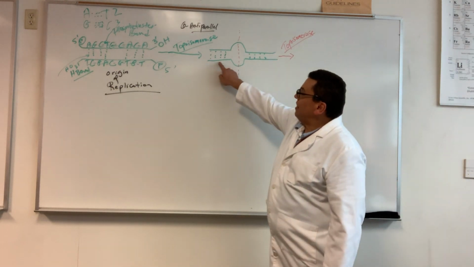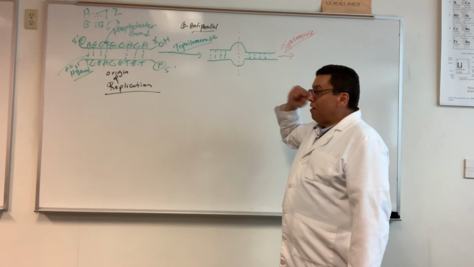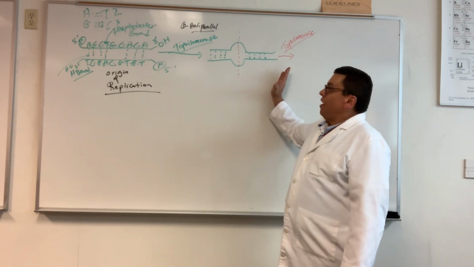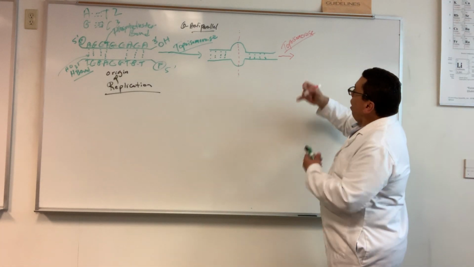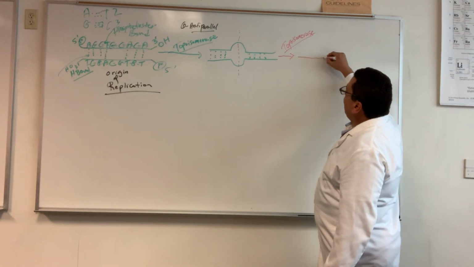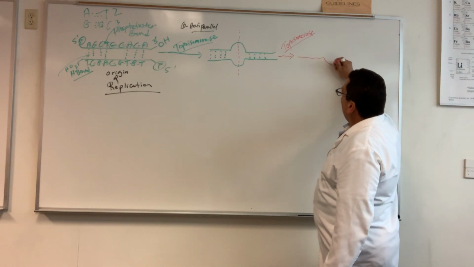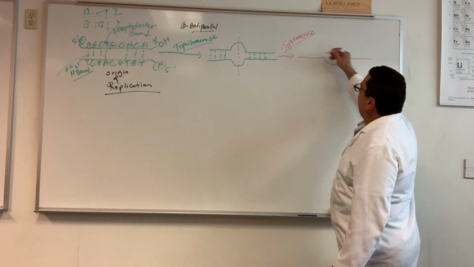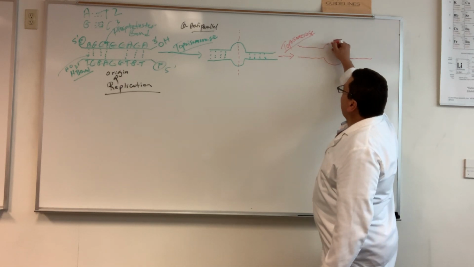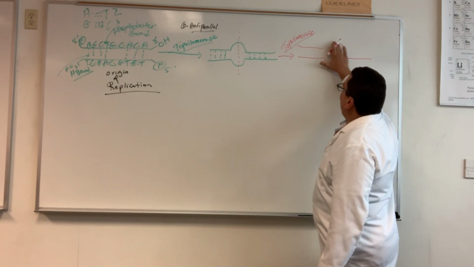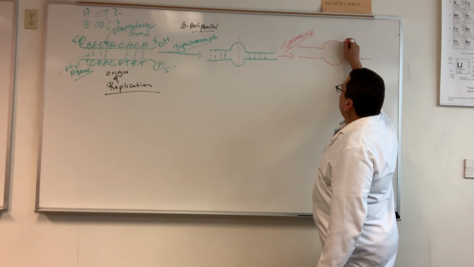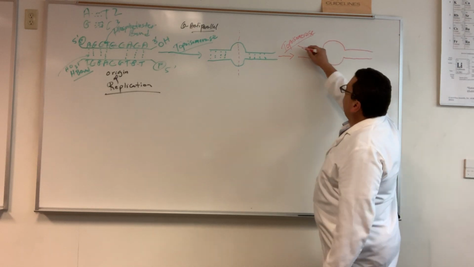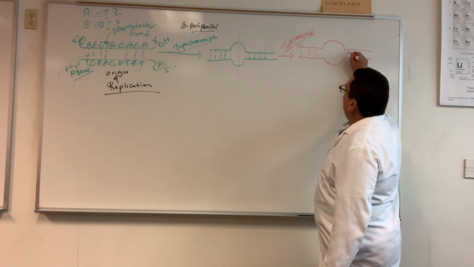This guy is gonna sit here and here. Remember, whatever happens here, happens here. So if I draw it, it would look something like this. Same exact structure here, with the hydrogen bonds, everything is the same.